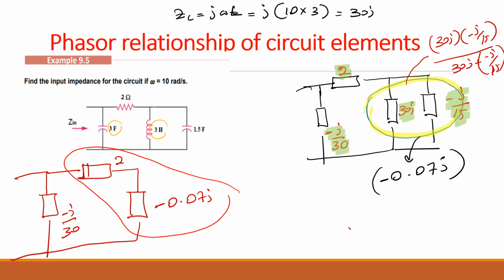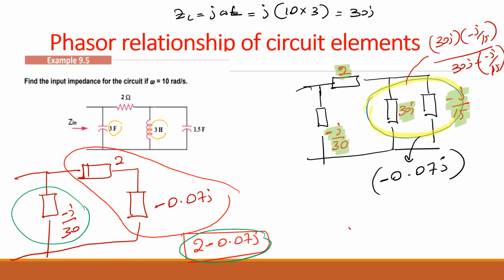They are in series, so when you add them together, that will become 2 minus 0.07j. Am I right? Now these two are in what? They are in parallel. This one and this. They are in parallel, so you can consider the parallel combination and do it.